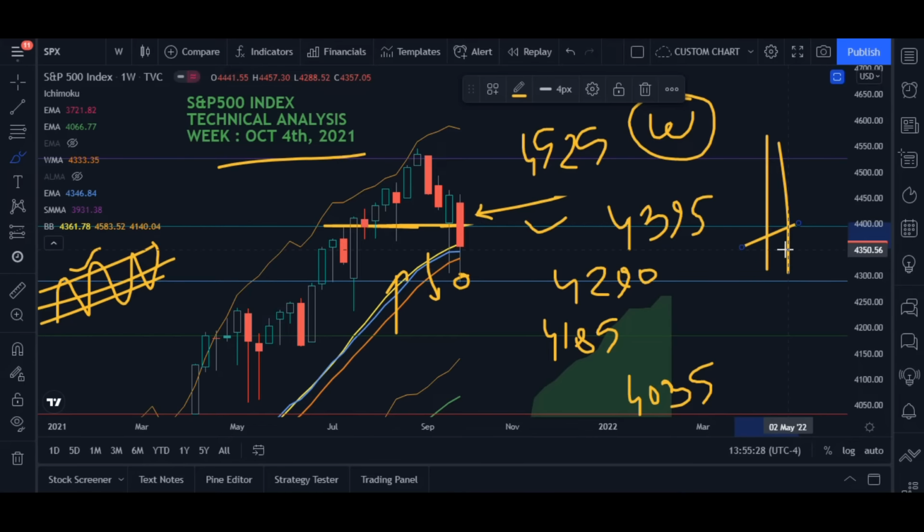So I will say the market is partially bearish. There is a very weak bull trend, and it is partially bearish, but it is not fully bearish. The market is not fully bearish on the weekly chart. So this thing will be more clear on the daily chart. So let's move on to the daily chart to clear the trend, what is going to happen, and what should be your trade strategy for the coming week.